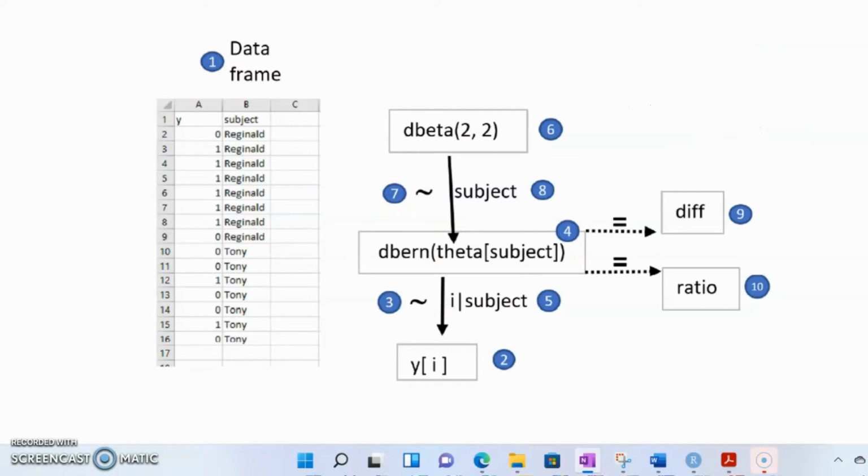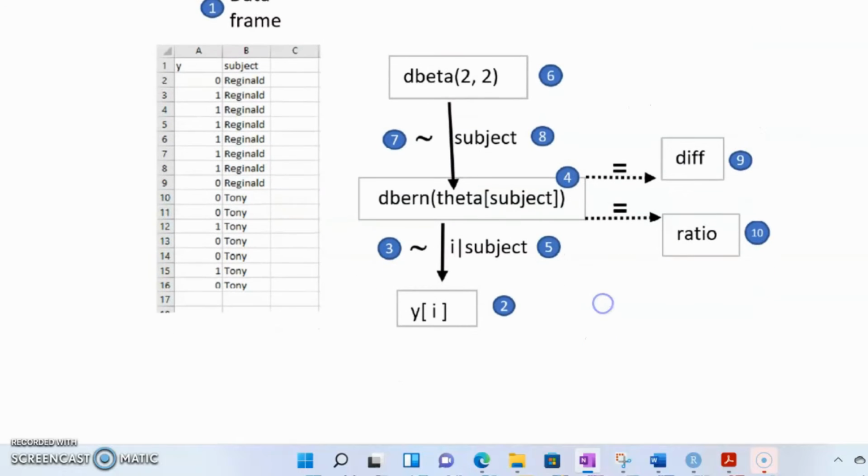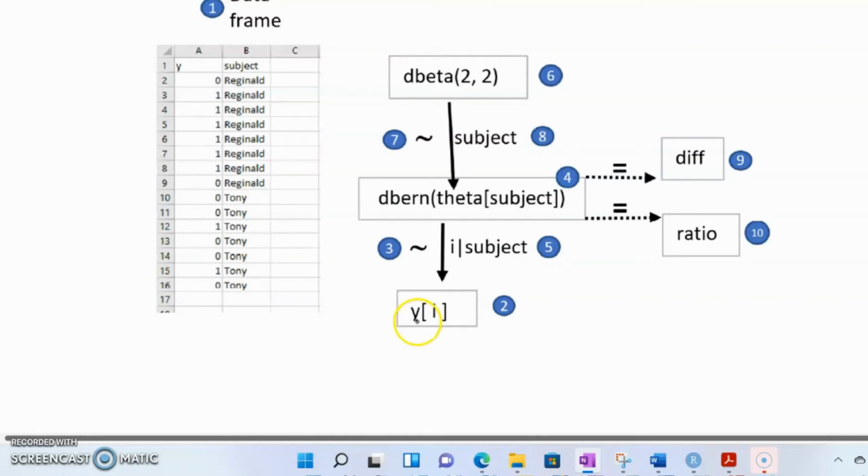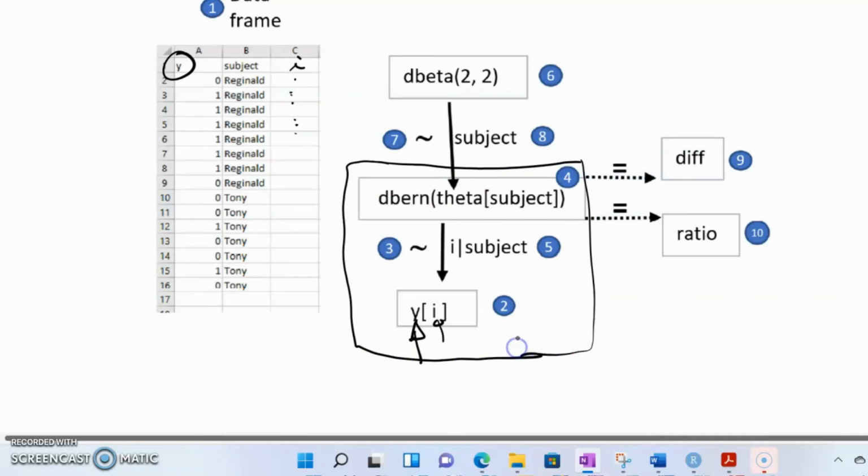And here's our model. At the bottom we have our dependent variable, y. There's our values of y, and they're indexed by row number. And this bit here is our likelihood function.